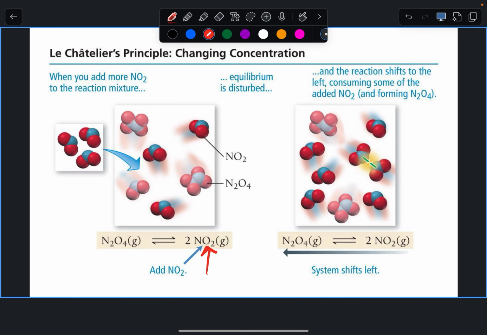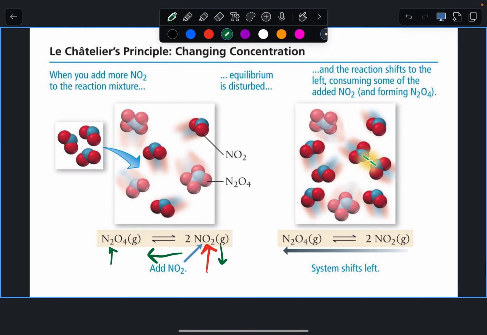How does it respond? I pushed some of that up, and the only way to get rid of it is by the reaction shifting towards the reactants, which helps bring down some of the NO2. In the process, you're also going to make some N2O4. You can't help that, but that's okay.